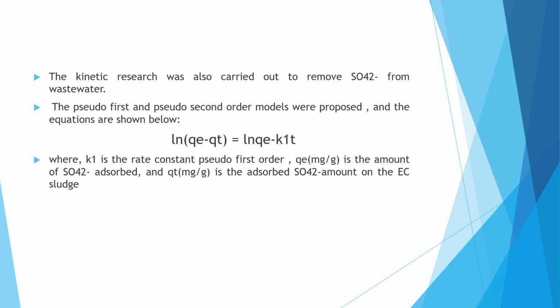So this is the pseudo first order equation where K1 is the rate constant, QE is the amount of sulfate ions adsorbed, and QT is the adsorbed sulfate ions amount on the EC sludge.